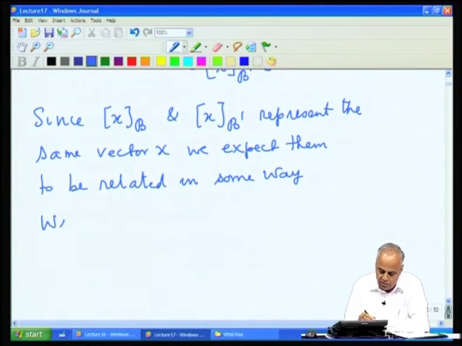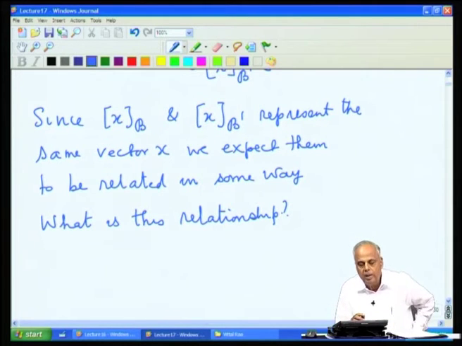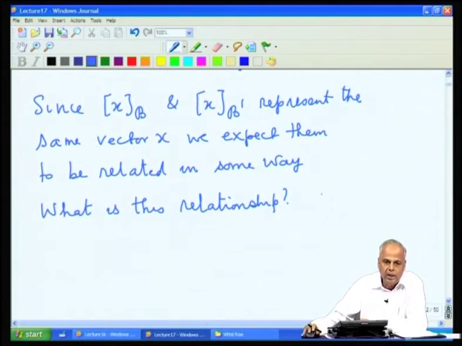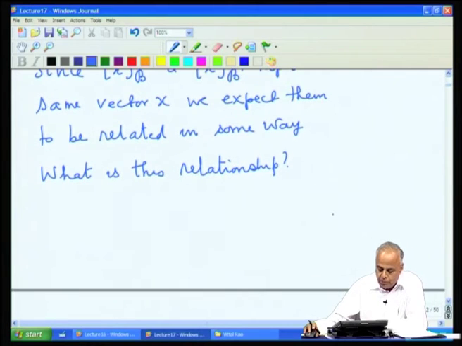So, what is this relation? What is this relationship between these two representations? If we have the same vector represented in two different ordered bases, the two representations must somehow be connected with each other because they come from the same original vector. We are trying to explore and find out what is this connection between these two.